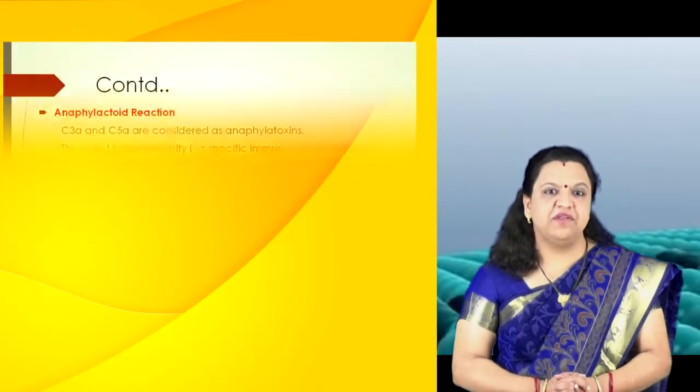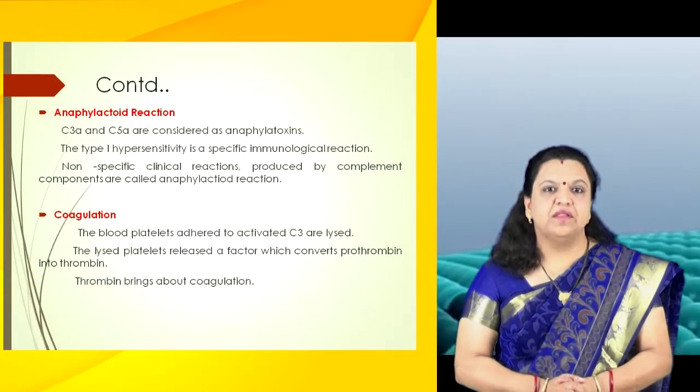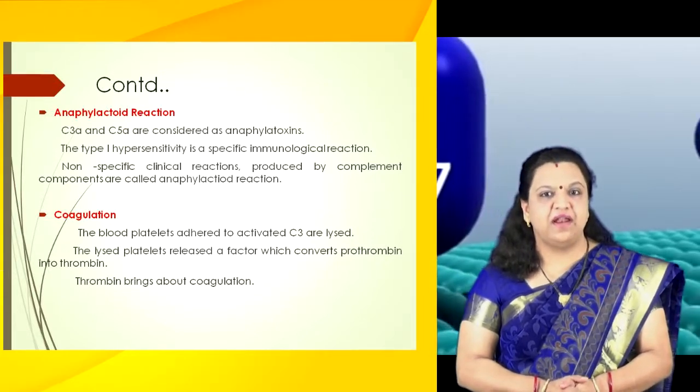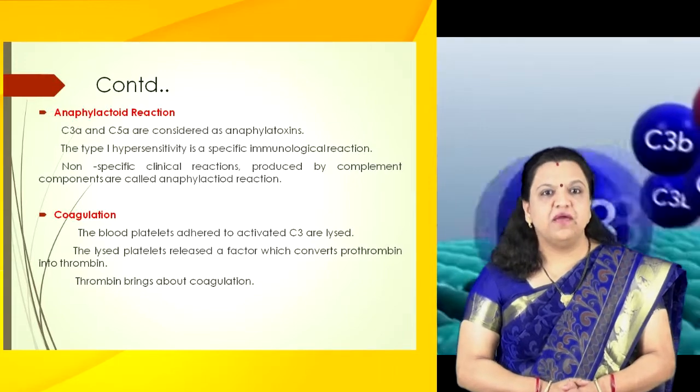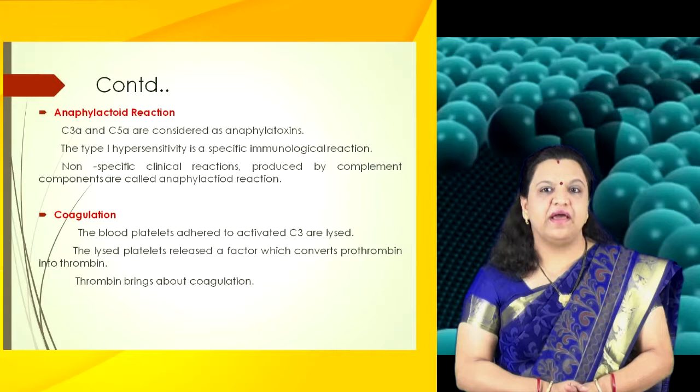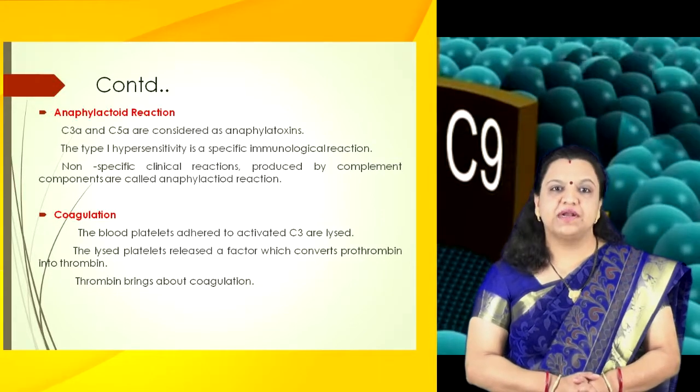Now, another reaction is the anaphylactoid reaction. The complement fragments C3a and C5a are considered anaphylatoxins. They cause the release of histamine from mast cells. They have kinin-like activity and also chemotactic activity.